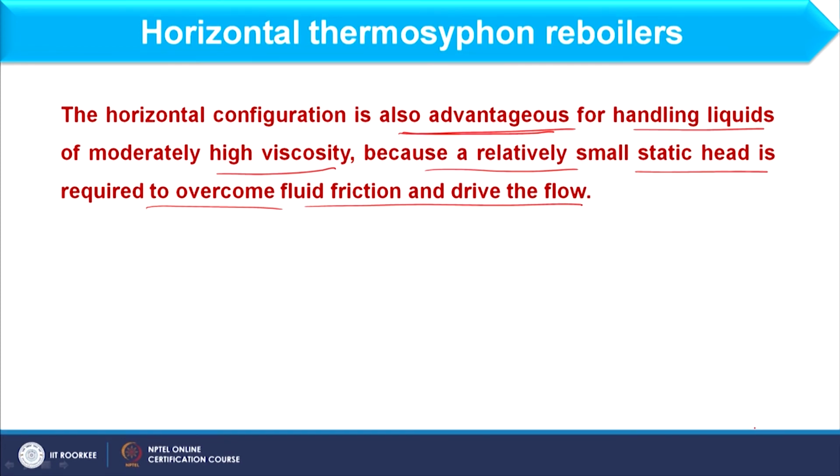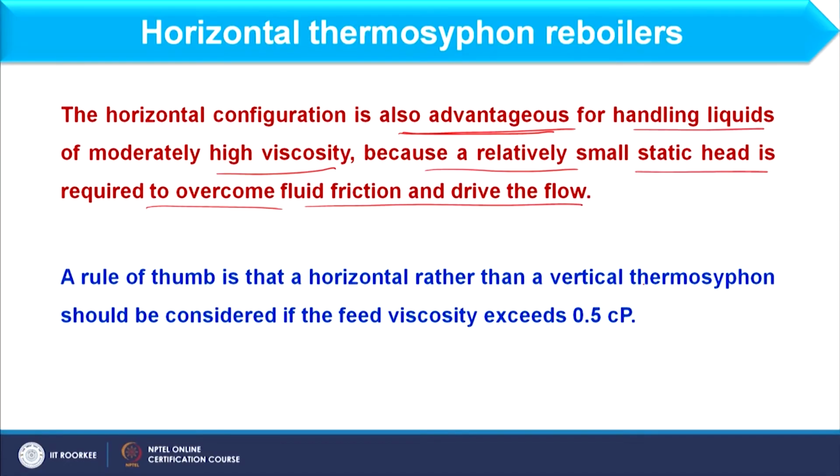However, in horizontal thermosiphon reboiler, it has to only enter into the shell side. And if it is horizontally placed, we should not provide much long pipe when it is connected from distillation column bottom to reboiler. So, we can consider slightly viscous liquid in horizontal thermosiphon reboiler in comparison to vertical thermosiphon reboilers.